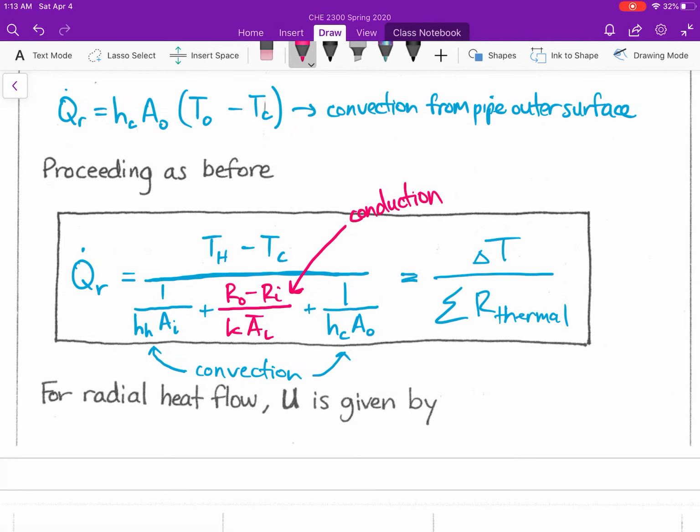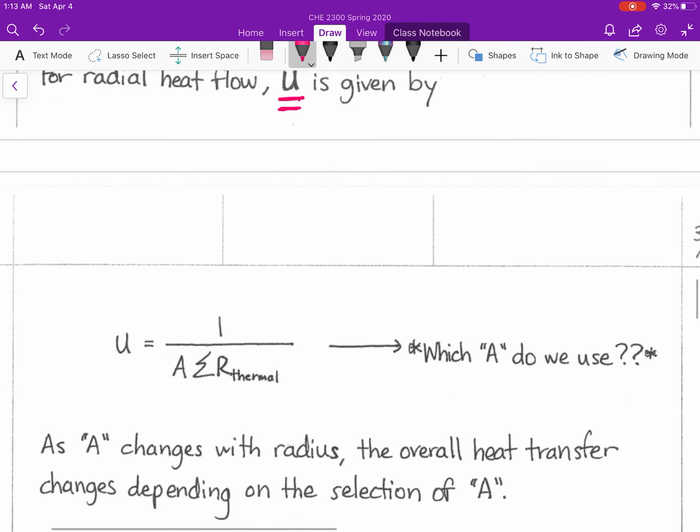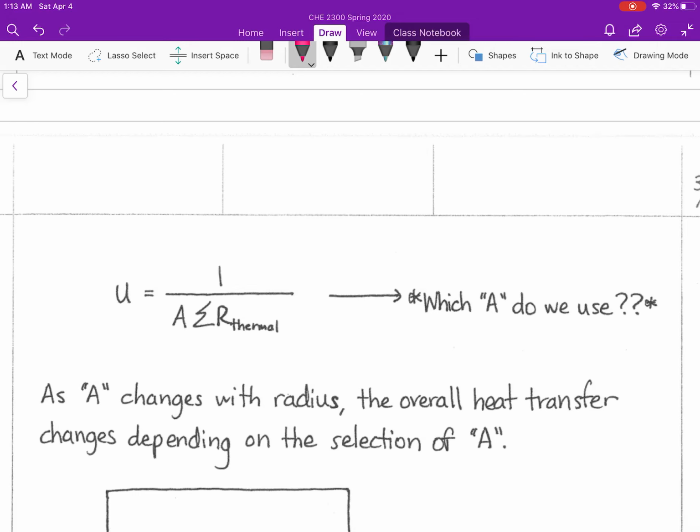Okay, much like last time, we can also define this in terms of an overall heat transfer coefficient. So these are convective heat transfer coefficients, but we can define an overall heat transfer coefficient, our big U. We saw last class period, in lecture 18, that our overall heat transfer coefficient took this form.